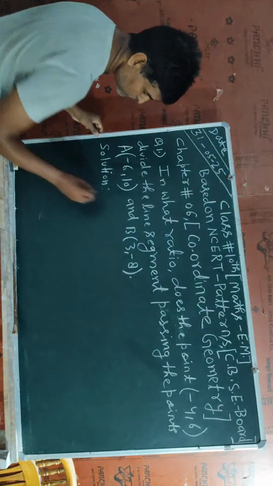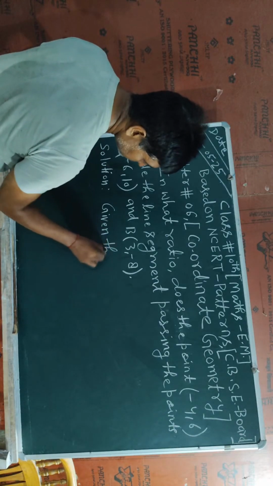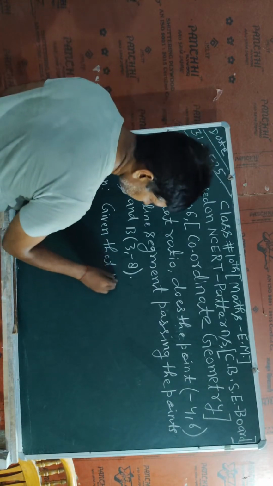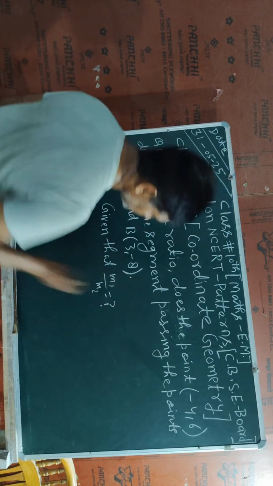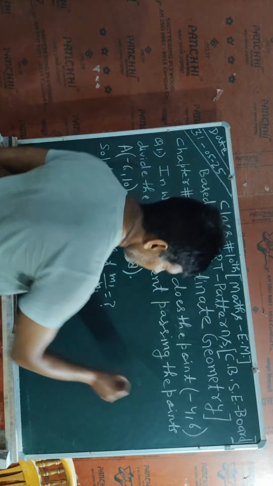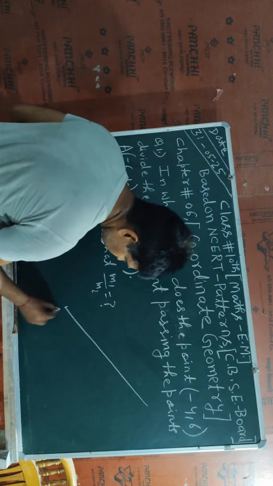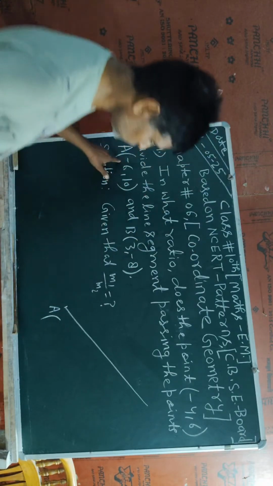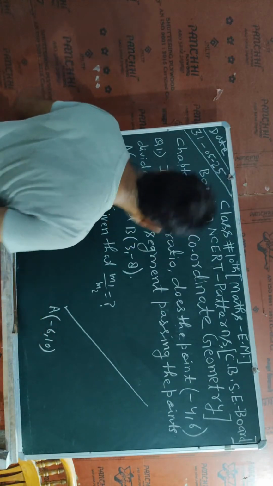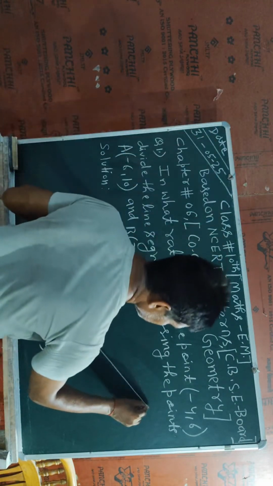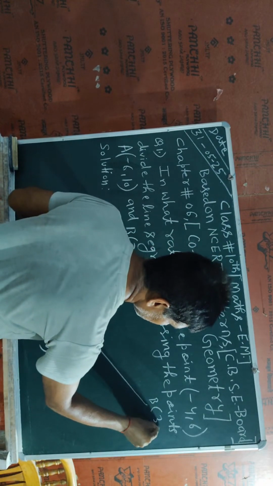Solution means we have to write what is given. We have to get m1 divided by m2, and I also have to write the 2 points. One point is named A, whose coordinate is given as (-6, 10), and another point is named B, and its coordinate is given as (3, -8).